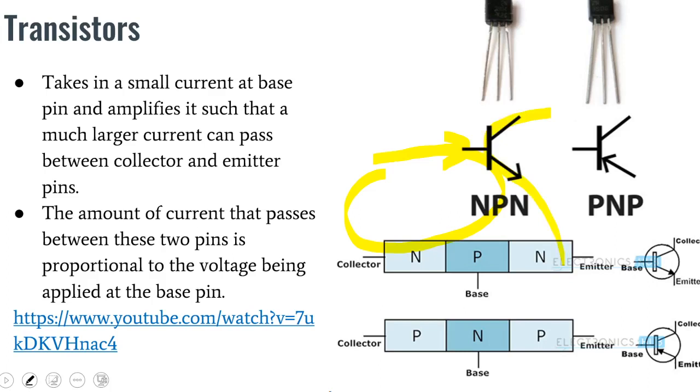So if we can introduce a voltage through 2 pins, that would allow current through the other pins. That is the main way transistors would be used.